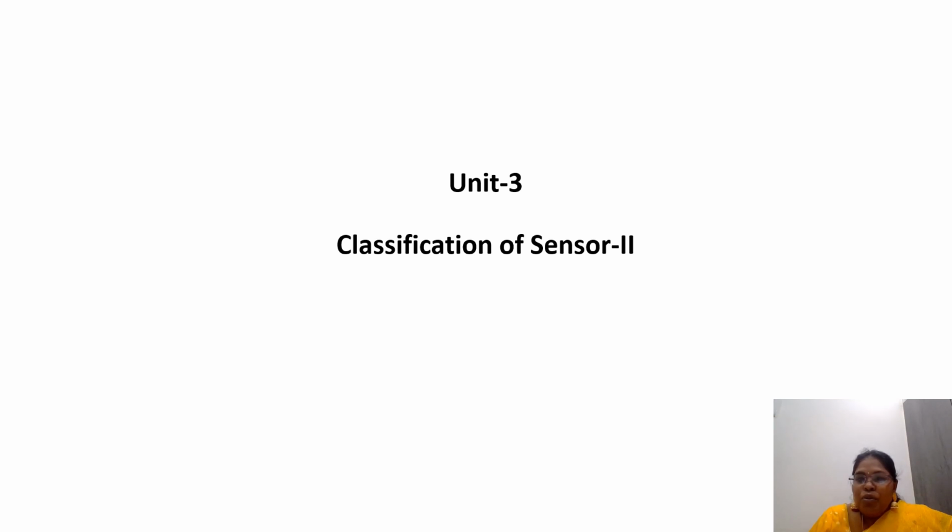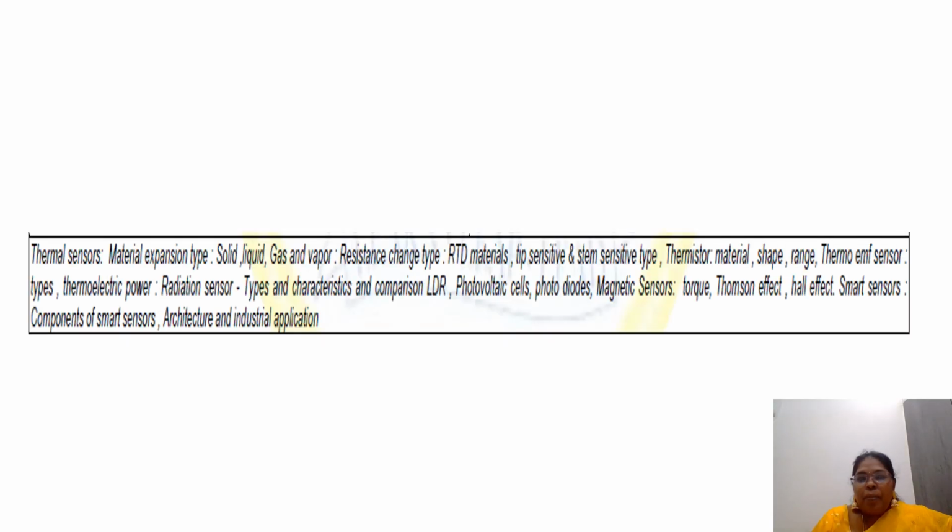So now in this module 3 we are going to see the classification of sensors, second category, that is thermal sensors. In thermal sensors we are going to see what the different methods used for thermal sensing are, and what its classifications are.